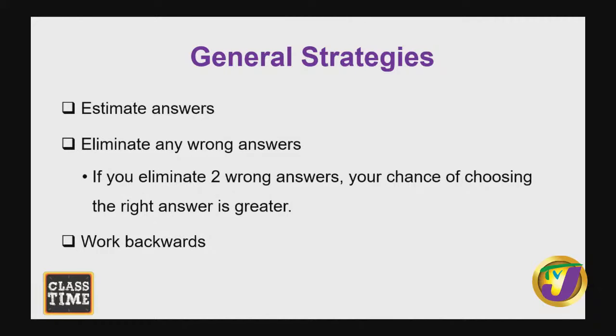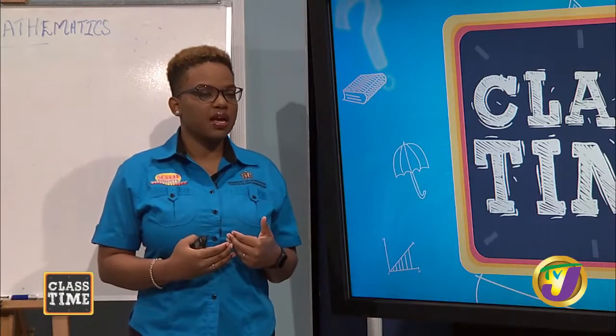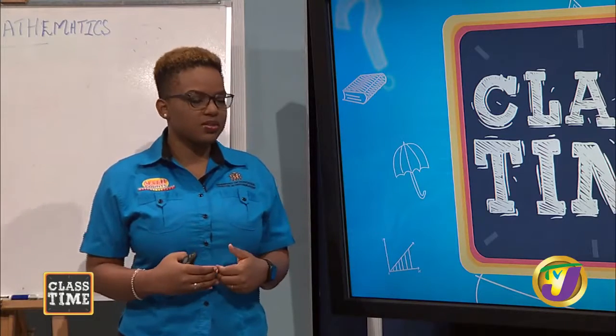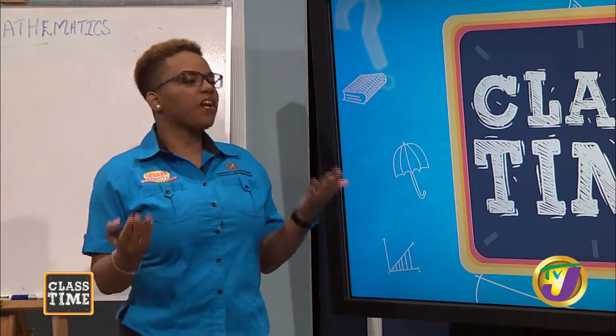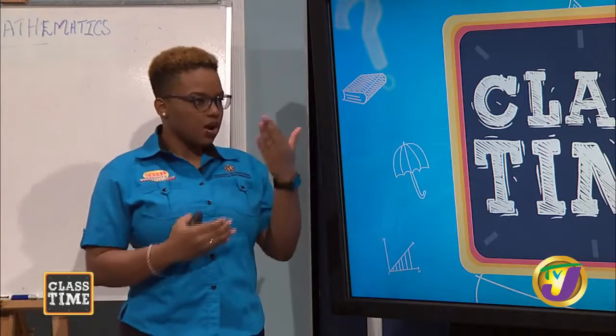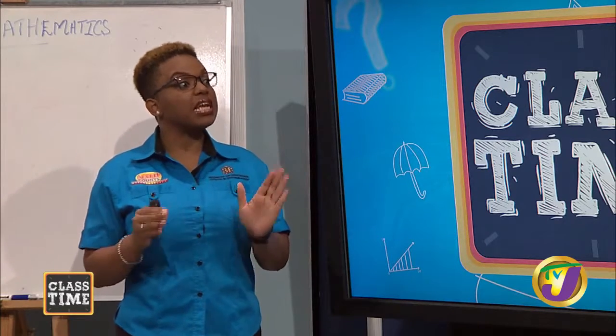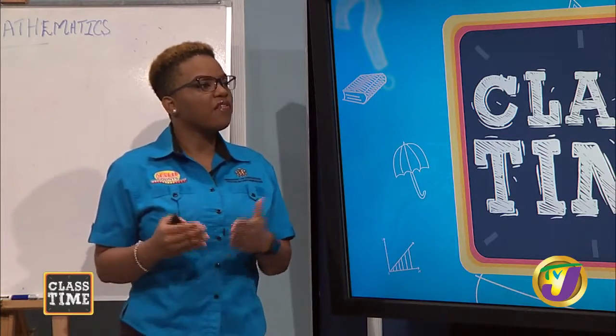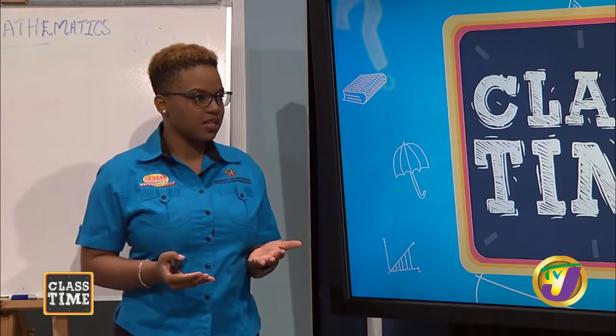True. Because if I have 4 options, it means that I have a 25% chance of getting a correct answer. But if I definitely eliminate 2, now I have a 50% chance of getting the correct answer.